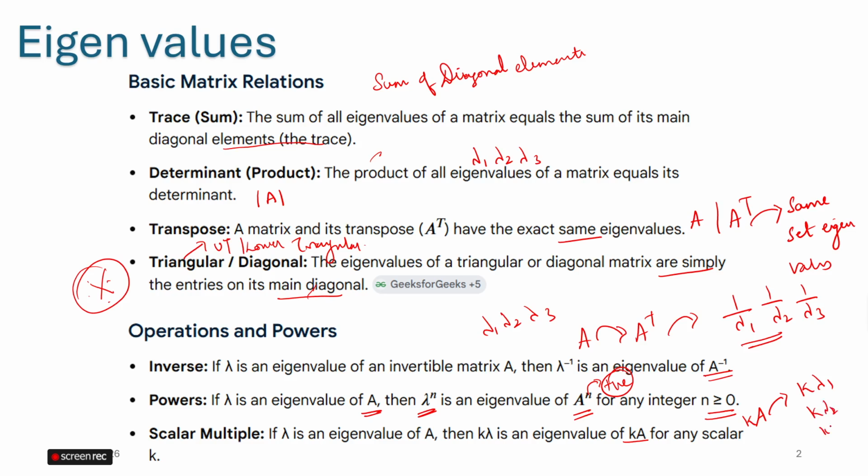In the case of 3 cross 3 matrices, we will be getting 3 eigenvalues. In the case of 2 cross 2 matrices, we will be getting 2 eigenvalues. So depending upon the order of the matrix, we will be getting that number of eigenvalues.